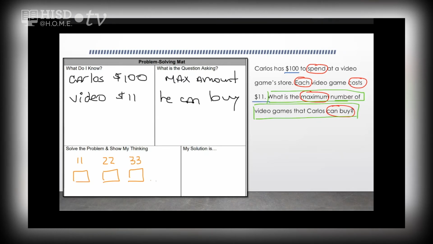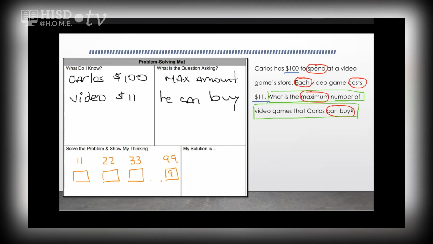So the pattern that I see is that if I multiply 11 times the number of video games, I'm going to be able to see the total cost. So I know that if I go 11 times 9, then that will be 99, and that will be the max number of video games that I can buy. So that means that my solution has to be 9 video games.